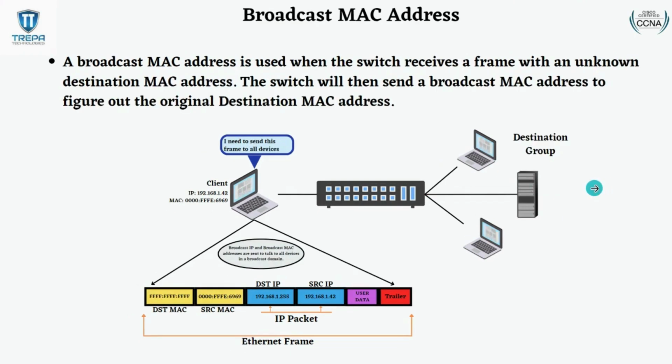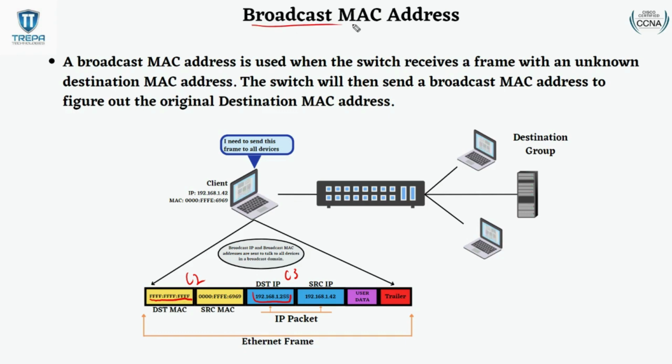And then we have a broadcast MAC address, which is going to send that Ethernet frame out to everyone on that broadcast domain. So we can see here that when you send a broadcast frame, again, our layer 2 header, layer 3 header, the entire frame, the destination MAC address on a broadcast frame is going to be all Fs. As well, the destination IP is going to be the broadcast address, which we're going to get more into in layer 3, right?